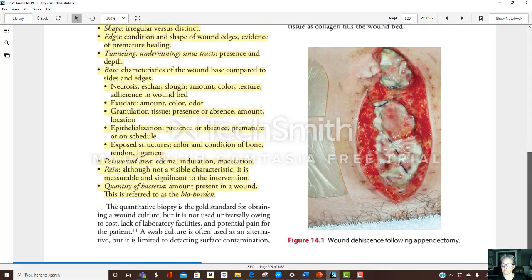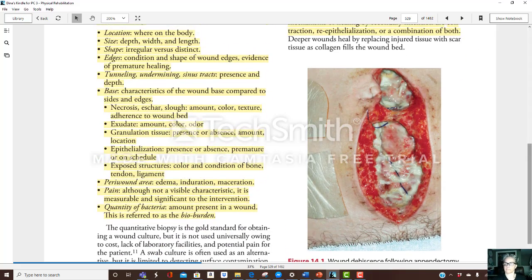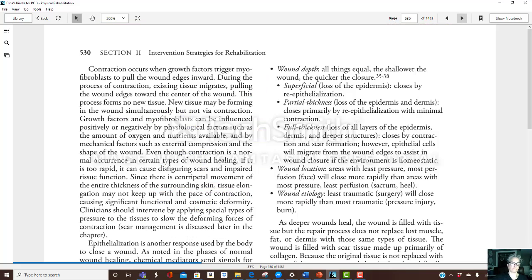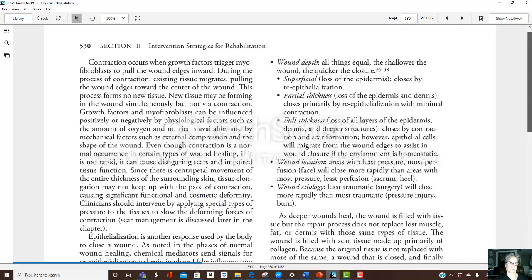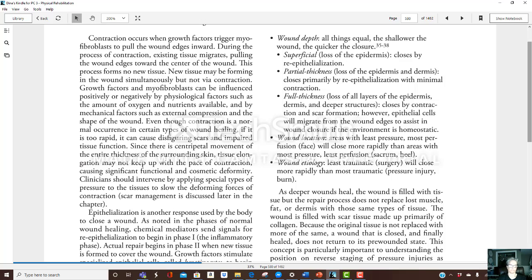Contraction occurs when growth factors trigger myofibroblasts to pull the wound edges inward. During the process of contraction, existing tissue migrates, pulling the wound edges toward the center of the wound. This process forms no new tissue. New tissue may be forming in the wound simultaneously but not via contraction.